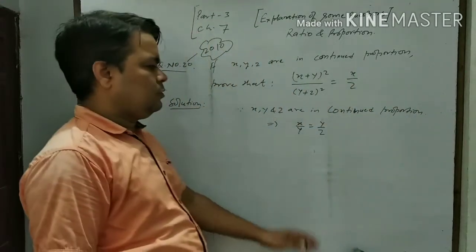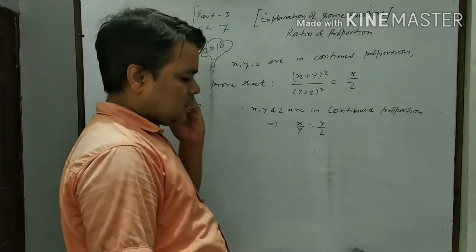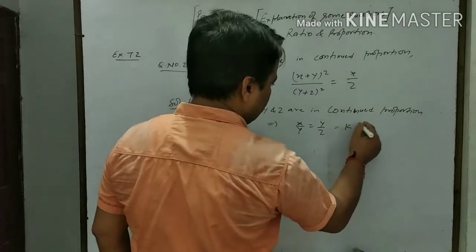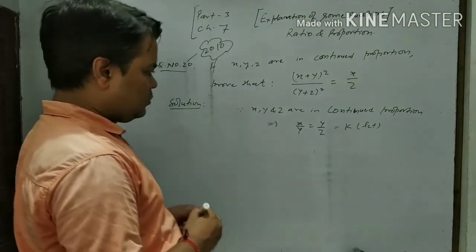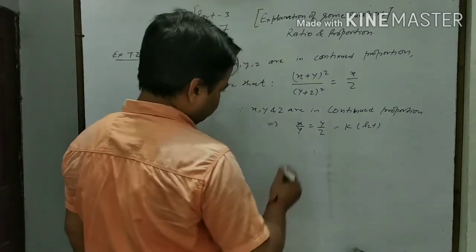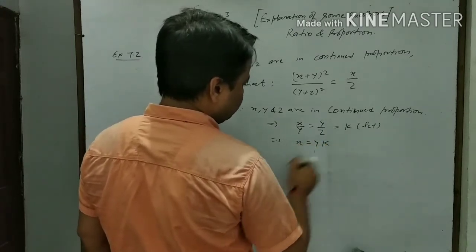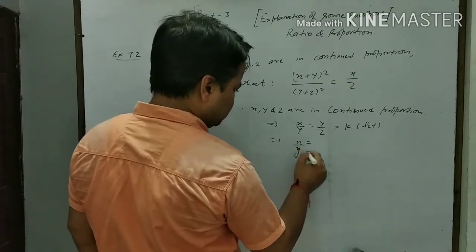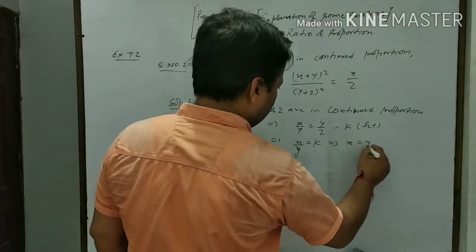Let its value be equal to k. So x is equal to yk. How? If x by y is equal to k, then x is equal to yk.